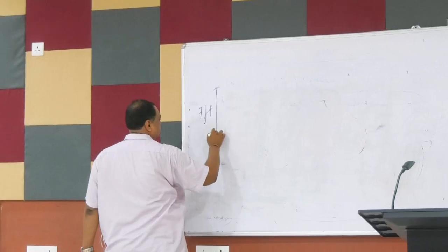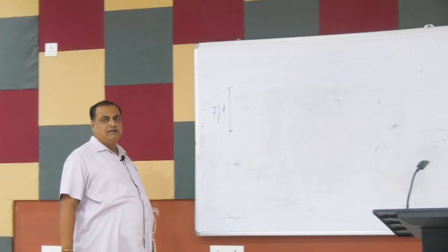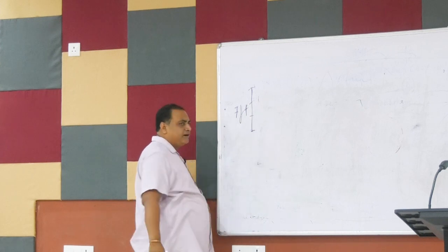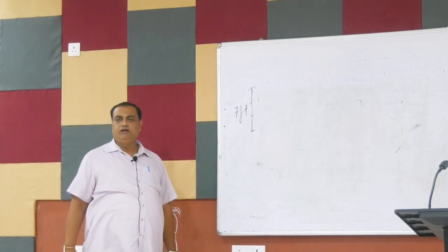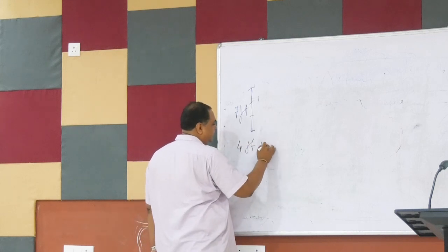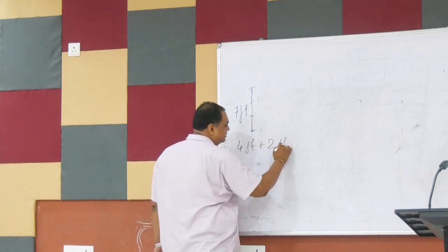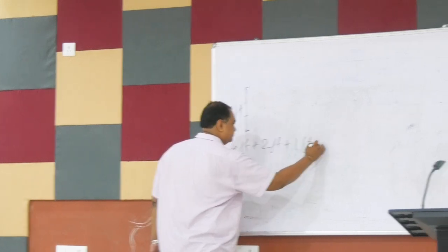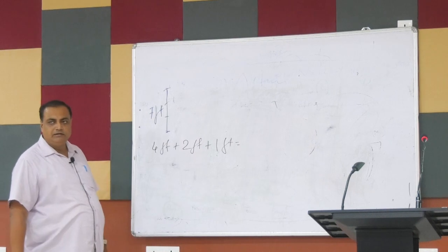Suppose the length of this line is 7 feet. We divide it into 3 parts, not equal, 3 unequal parts, say 4 feet plus 2 feet plus 1 foot, together.